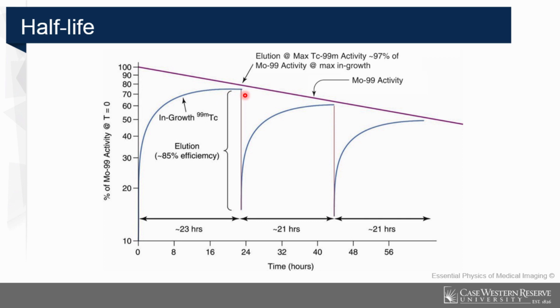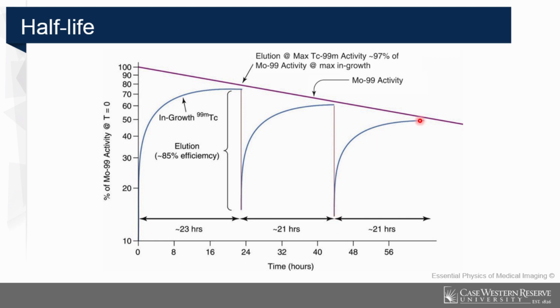So for technetium-99m and molybdenum-99, it's about 23 hours. So after one day, as you can see, technetium-99m reaches peak. This is when you put some saline to milk it, then for clinical use. Then about another day, it reaches peak again, then you milk, and so on and so forth.